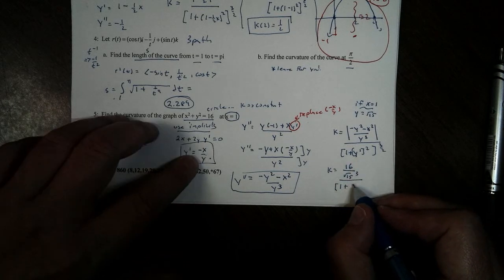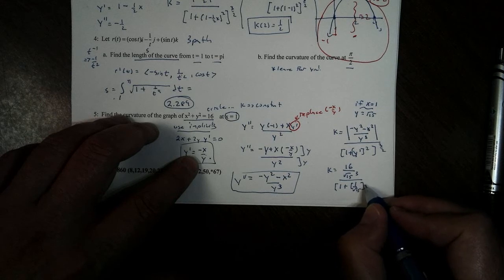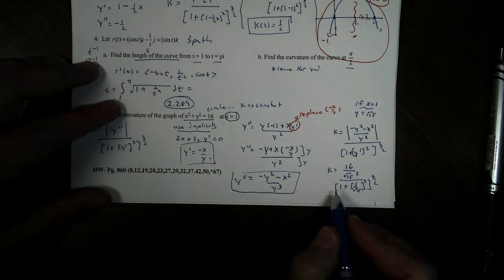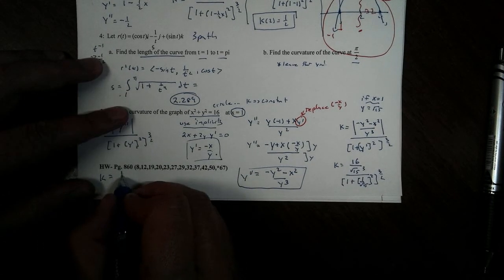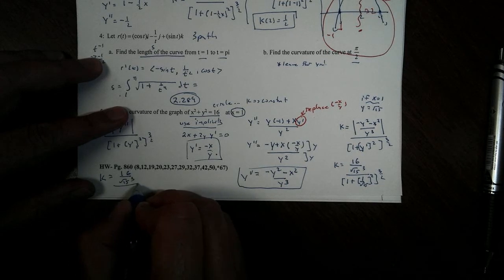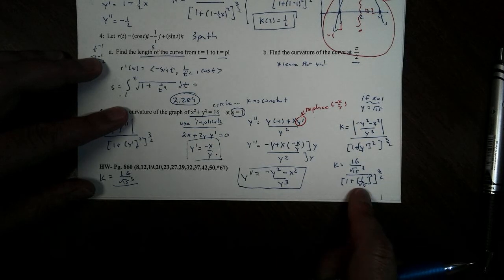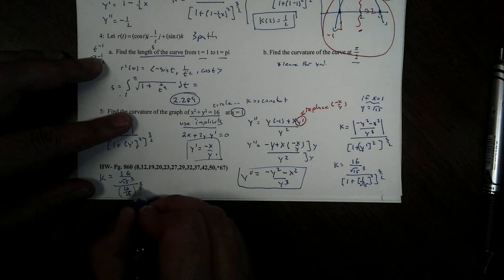So that's going to become 1 over the square root of 15, squared, to the 3/2. So solving here, we would get kappa equals 16 over the square root of 15 cubed over, this becomes 1 over 15, which is 16 over 15 to the 3/2.